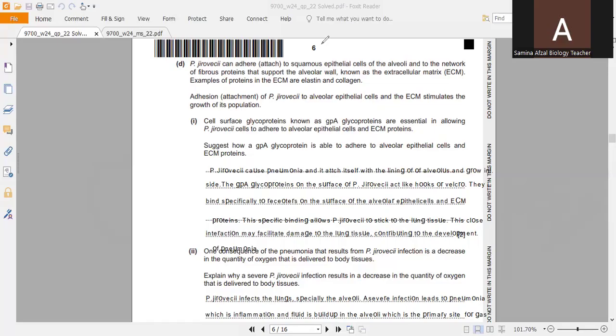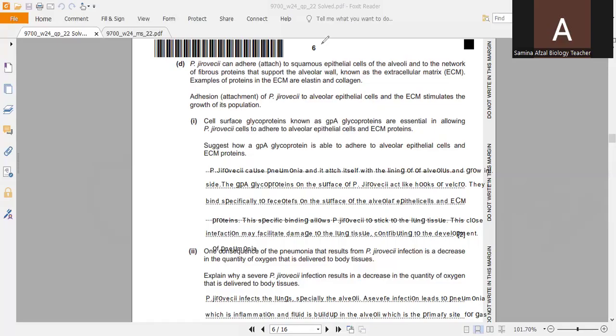It is a fungal pathogen that can cause pneumonia, particularly in immunocompromised individuals. The alveoli are the tiny air sacs in the lungs where gas exchange occurs. The extracellular matrix is a network of proteins and other molecules that provide structural support to the alveoli. We can say it is the glue and scaffolding that hold the lung tissues together. Proteins in the ECM include elastin and collagen.